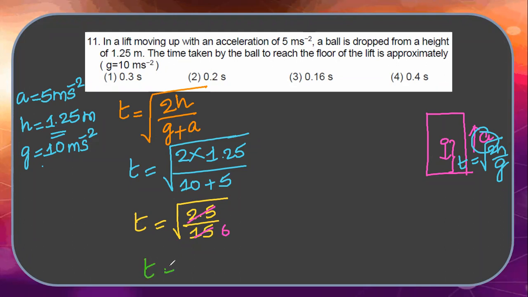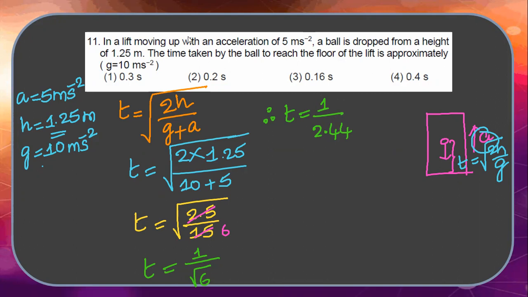Therefore, t is equal to 1 divided by the square root of 6. The square root of 4 is 2 and the square root of 9 is 3, so the square root of 6 is in between 2 and 3, approximately 2.44.